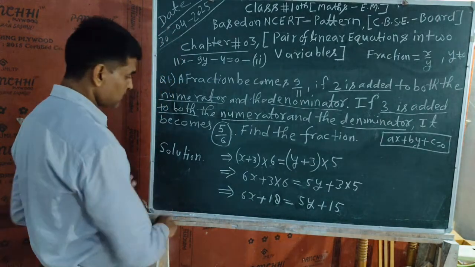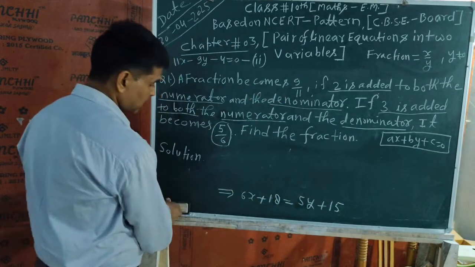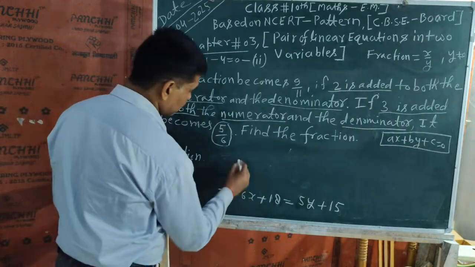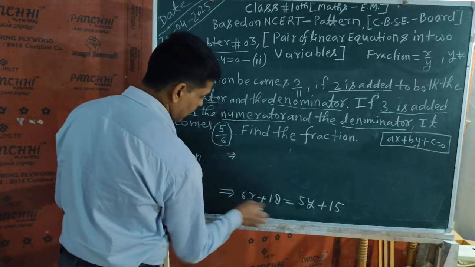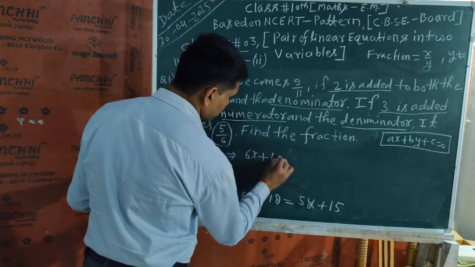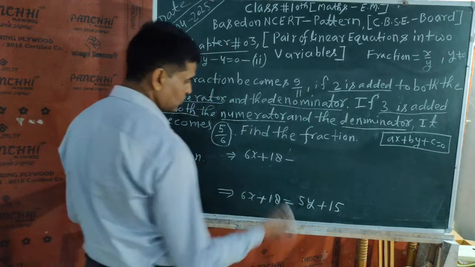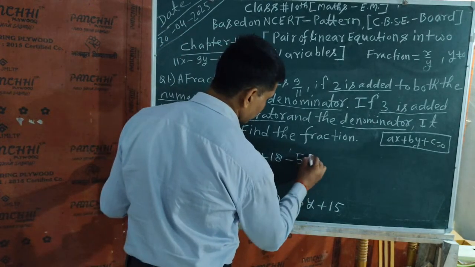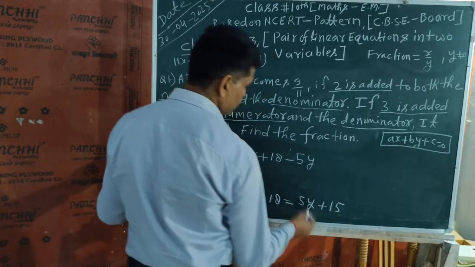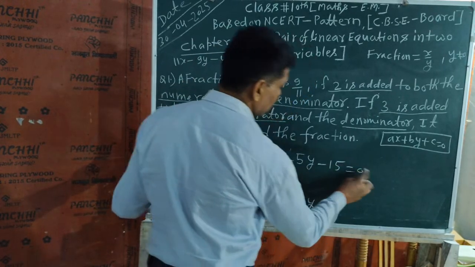Now I am going to erase the above data. For further calculation, I will write 6x plus 18. The 5y is positive on the right, so on the left hand side I will put minus 5y. Again I will put minus 15, which is equal to 0, because there is no term on the right hand side.